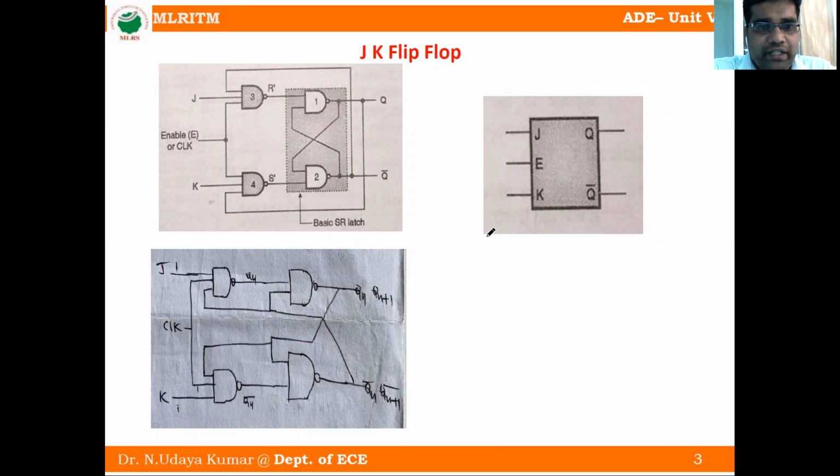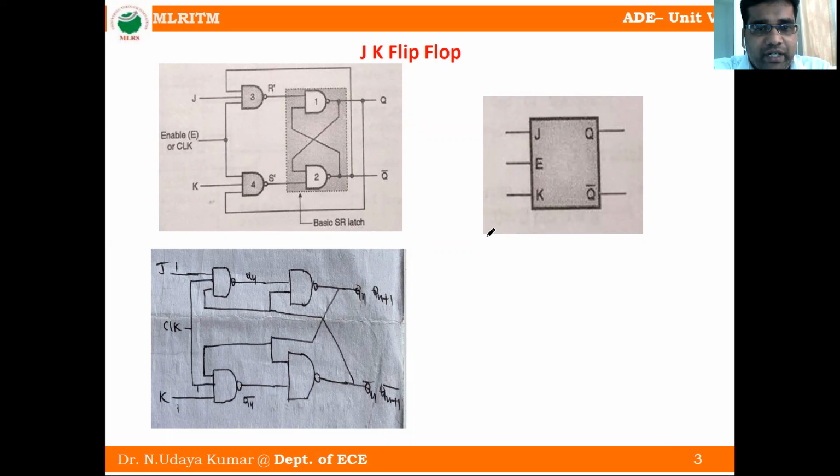Here is the enable line or clock, we call it both the same. This J is one terminal, and here K is the other terminal. The present output is fed back to the present input.